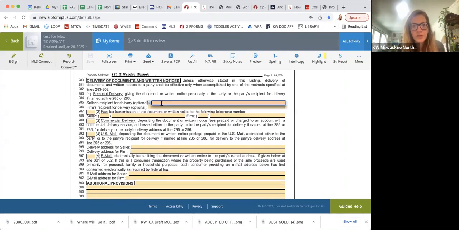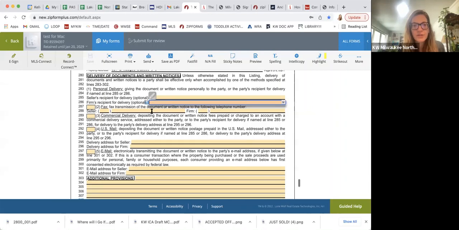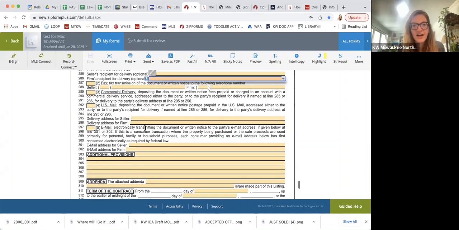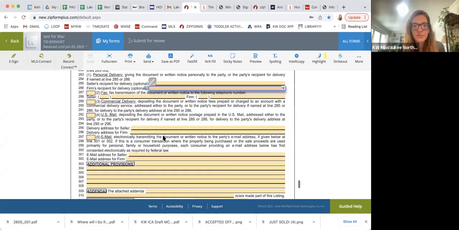So you would want to put in the seller's name here on line 285. 286 is where you'll put your own name. I do not advise putting fax, commercial delivery, or US mail as an authorized form. I don't know the last time I saw that, but typically it's personal delivery or email.